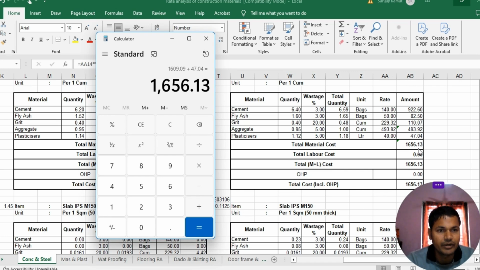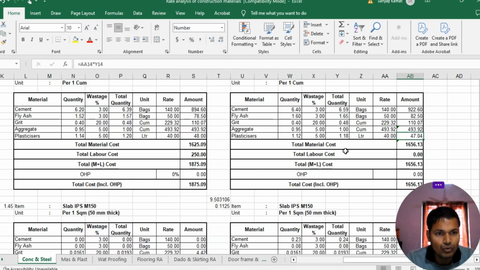It is approximately correct, absolutely correct. So in this way you can do the rate analysis for material only.